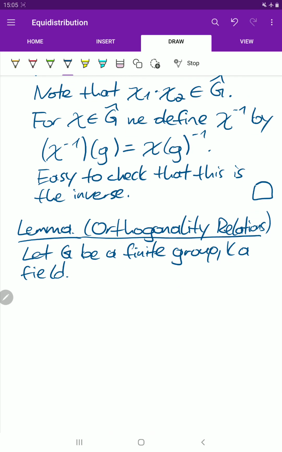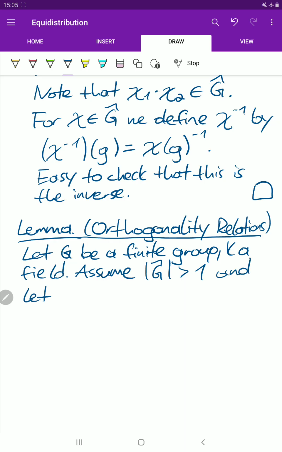And well, we have to make one more assumption. So assume that the group of characters is not just given by the trivial character, and let's take an element.